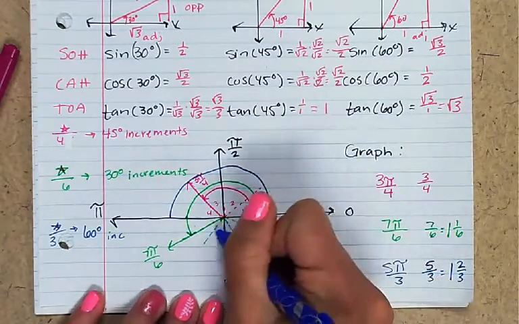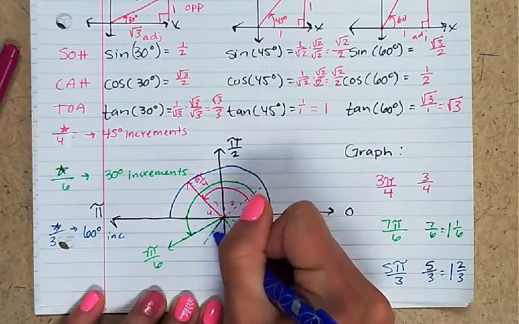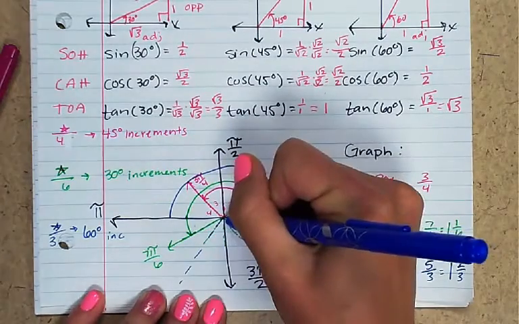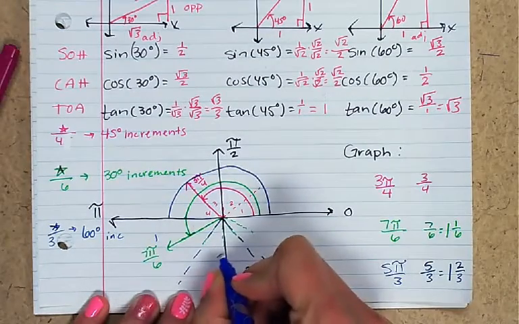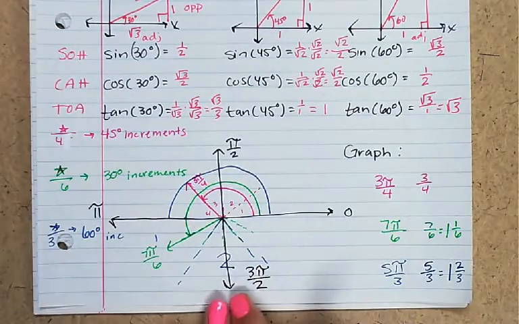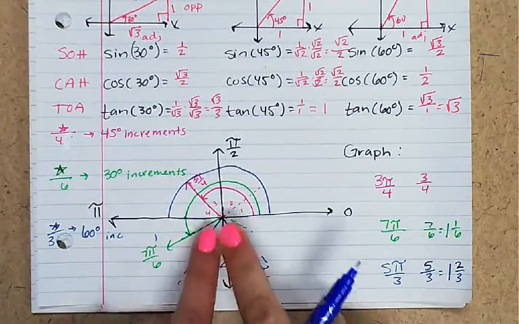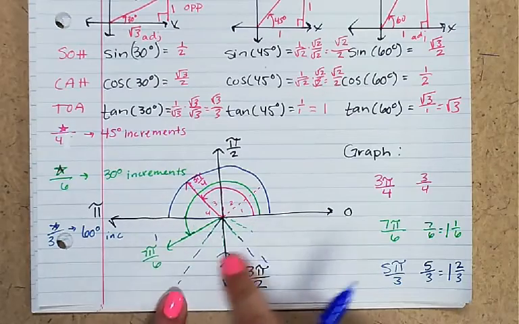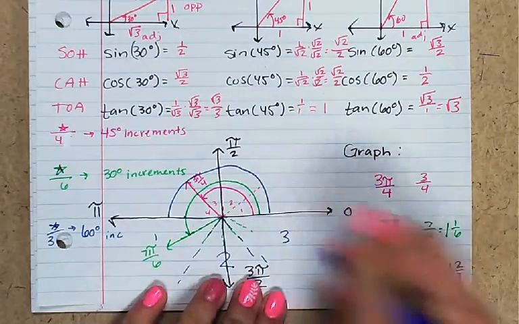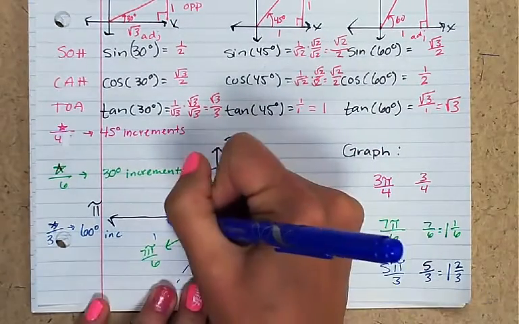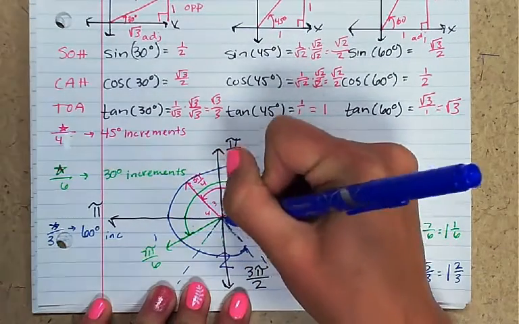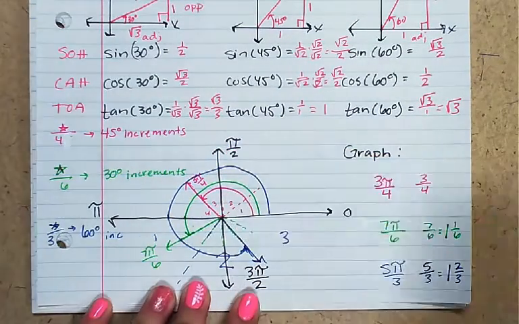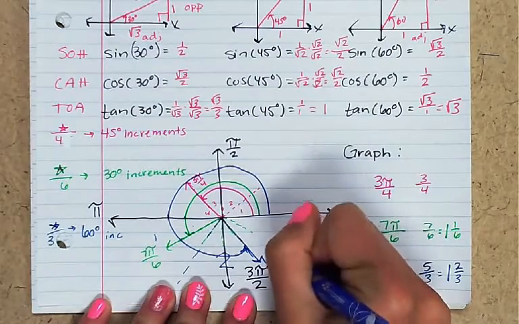So if I split this up into thirds, so here's 1. This whole part is 2. Some people get messed up with 270 degrees, but if I'm breaking into thirds, it's 1, 2, 3. So we want 2/3 more. So from here, I'm going to go through the second slice there. And this would be 5 pi over 3.